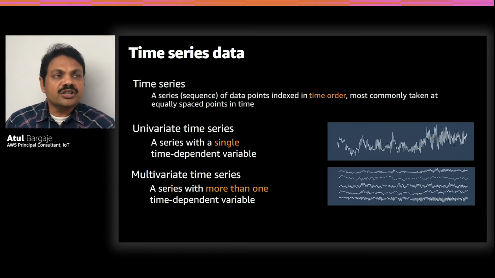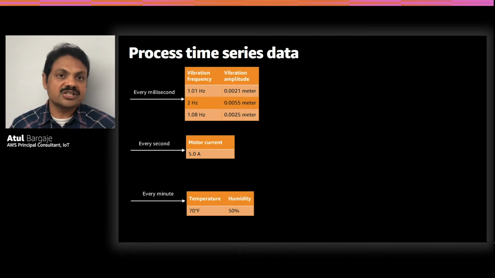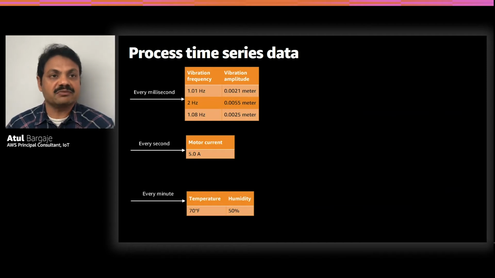Now, let's look at how you would process the time series data to make it suitable for predicting anomalies. In most sizable IoT deployments, you will have sensors that are generating data at different frequencies.